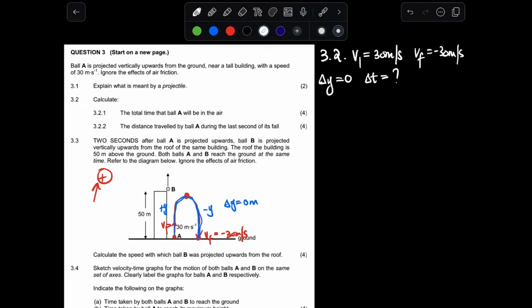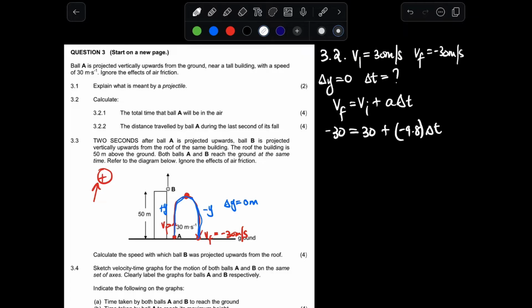The formula that we're going to use is Vf is equal to V initial plus acceleration times time. So our final velocity is negative 30 meters per second, and initial is 30, plus the acceleration, which is negative 9.8 times time.